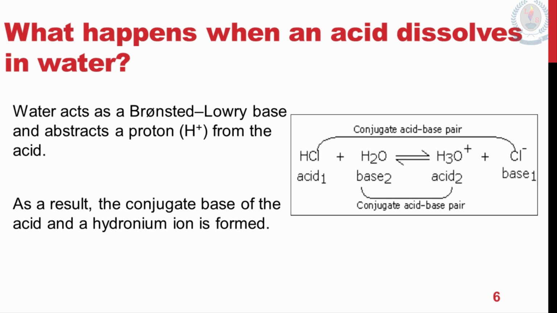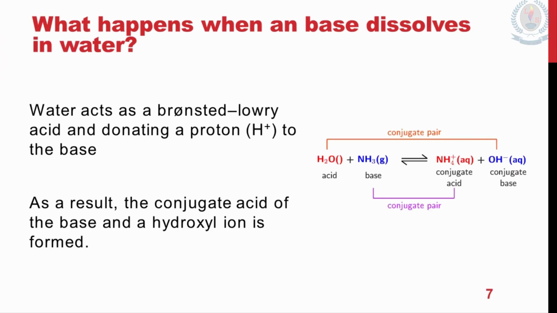Now let's see what will happen when a base is dissolved in water. There also water acts as a Bronsted-Lowry acid, donating a proton to the base. As a result, the conjugate acid of the base and the hydroxide ion are formed.